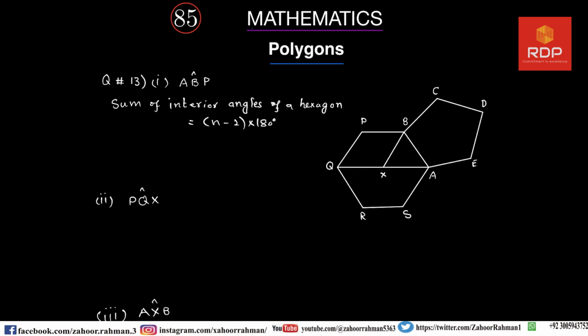That is a general formula. Because a hexagon has 6 sides, we write 6 instead of n.